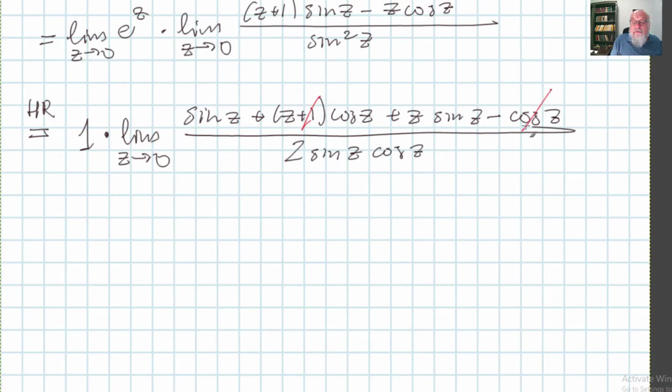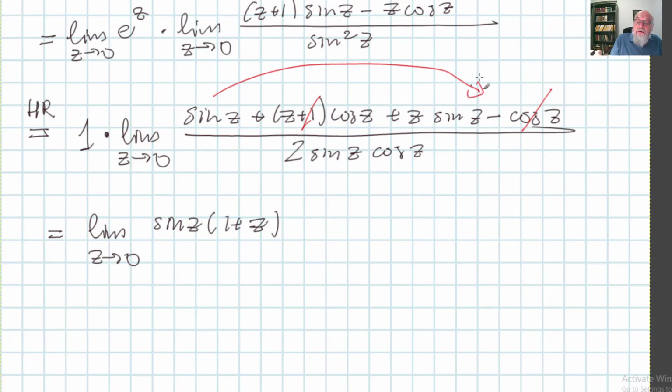And then I can rewrite it, limit as z goes to 0. Look, I can take sine of z, 1 plus z, that's this 2, z together, and then I have z cosine z.